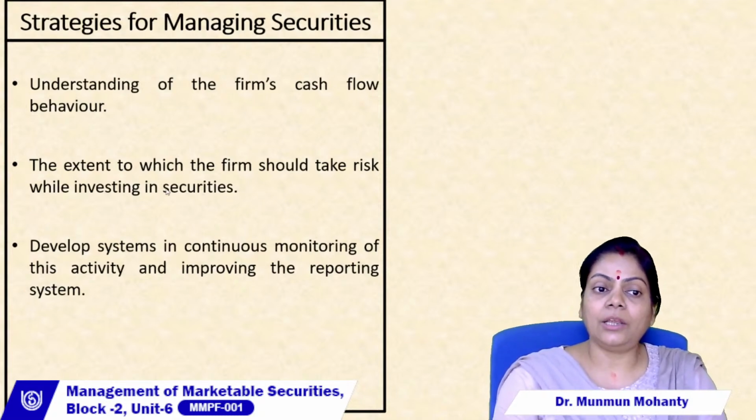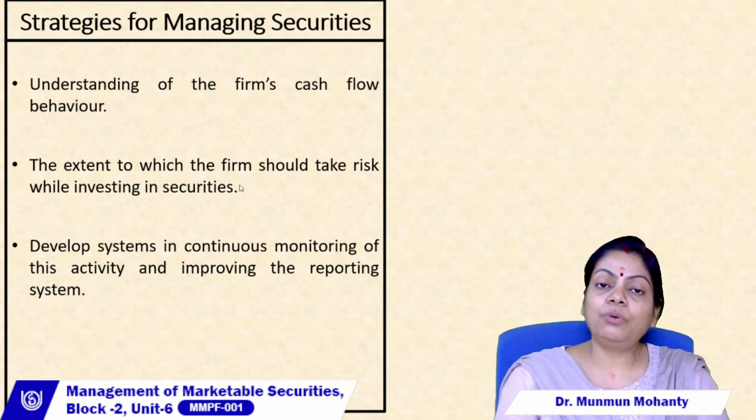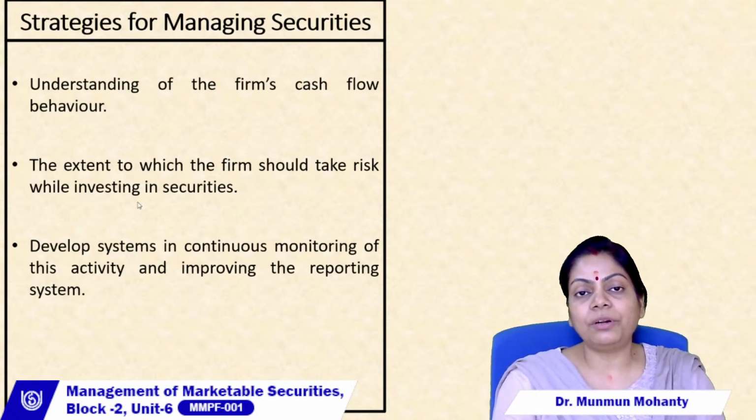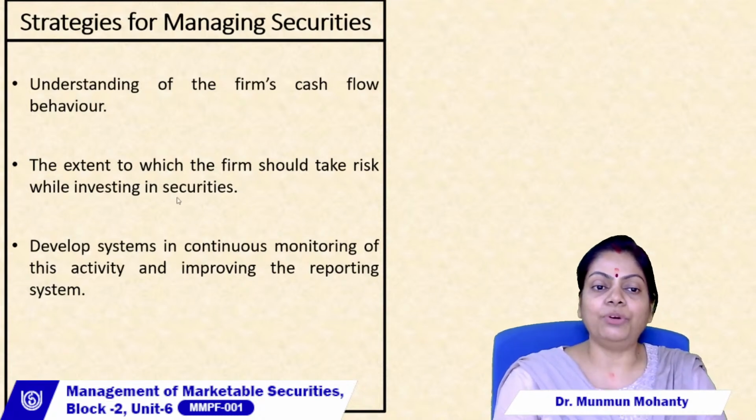Then, what kind of risk you are going to take while investing in marketable securities. Depending on whether you choose equity or debt, if you are conservative, go for debt. If you are quite risk taking, go for equity.